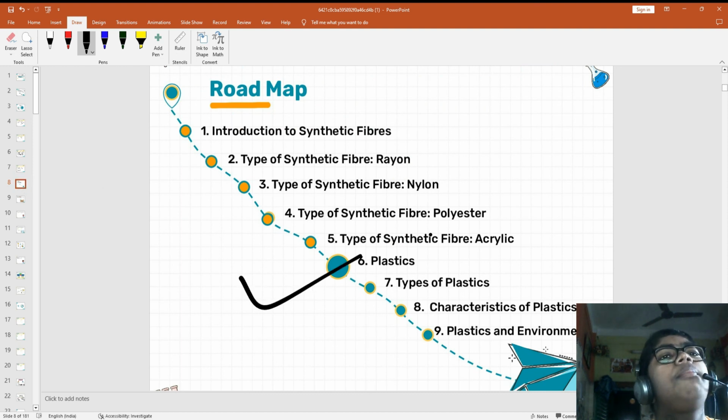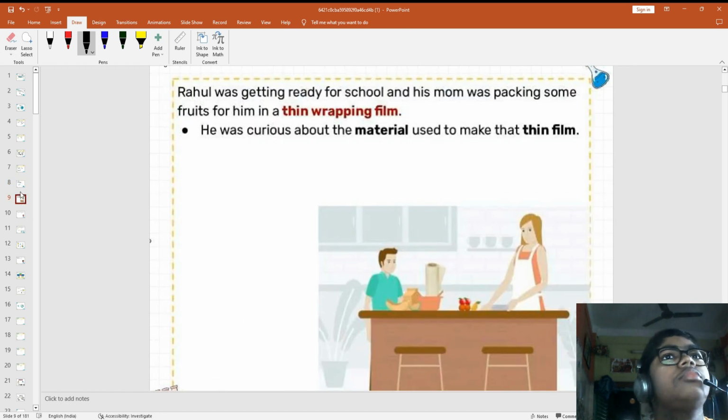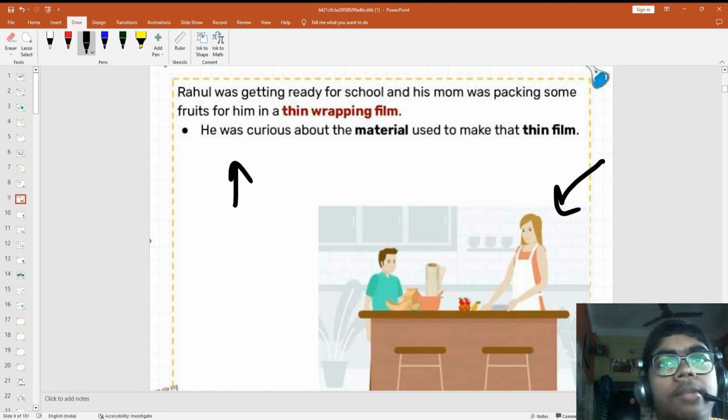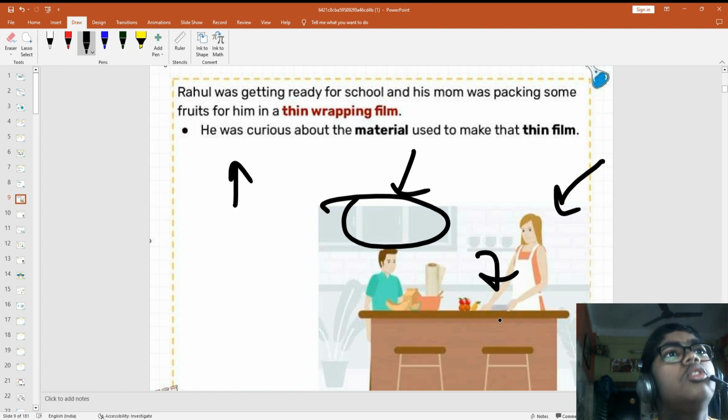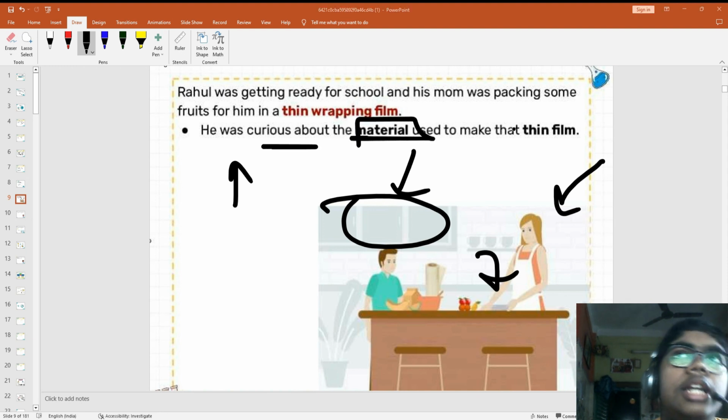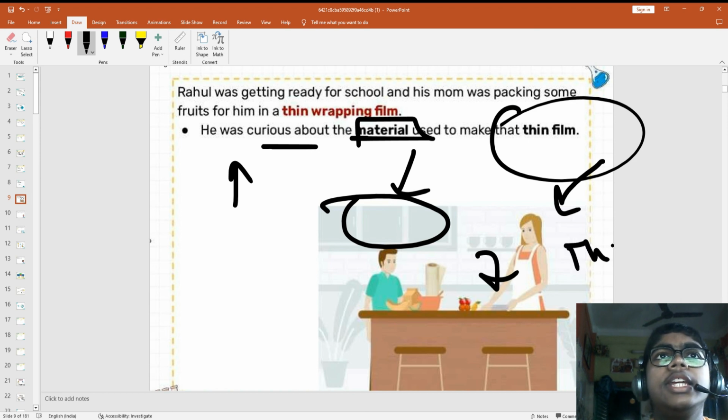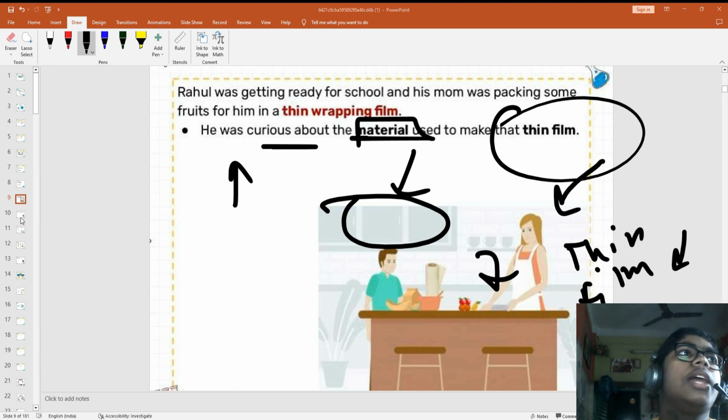Okay, now let's go on to plastics. Rahul was getting ready and his mom was packaging some fruits for him in a thin wrapping film. She was wrapping it like this because he was getting ready to go to school.